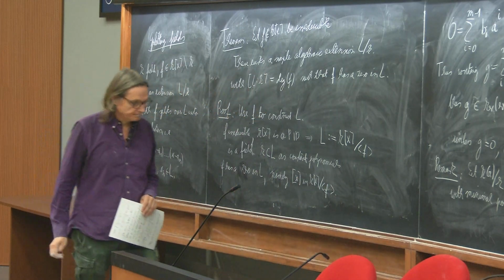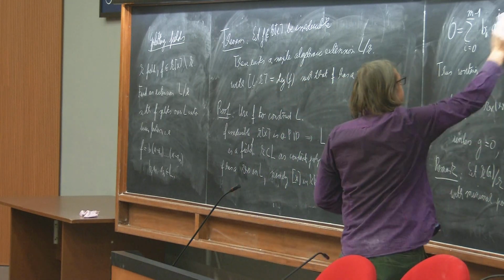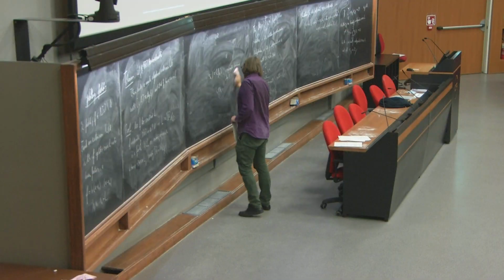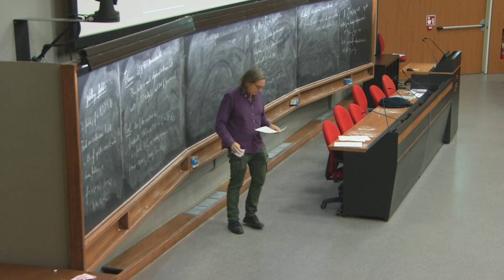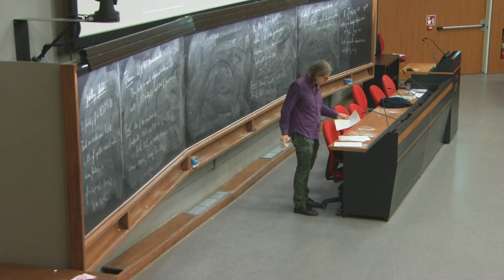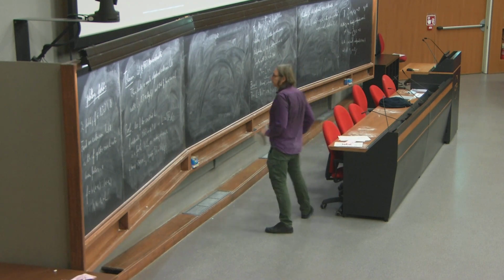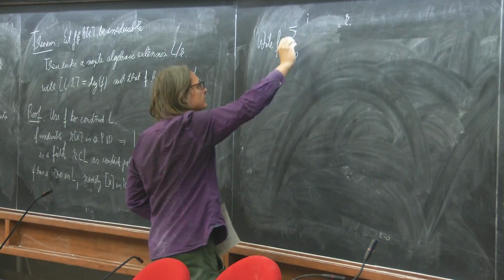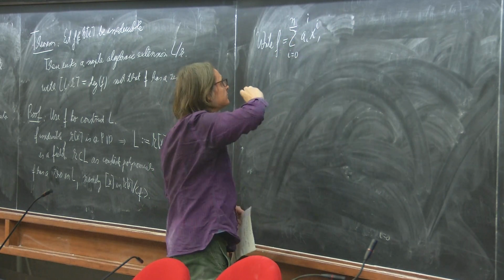Why is that? Well, let's just write it down. We write F equals the sum, i equals 0 to n, of a_i x to the i.